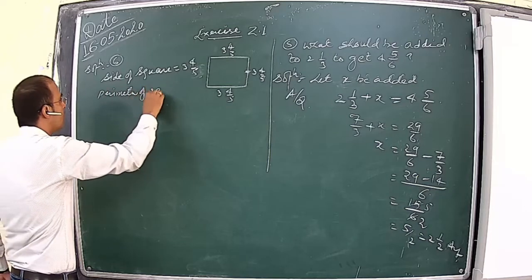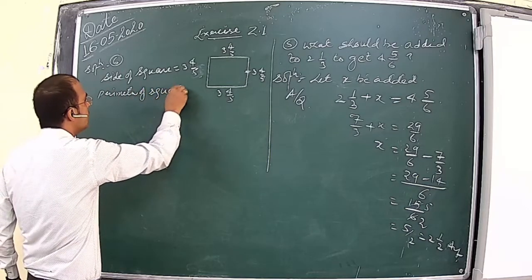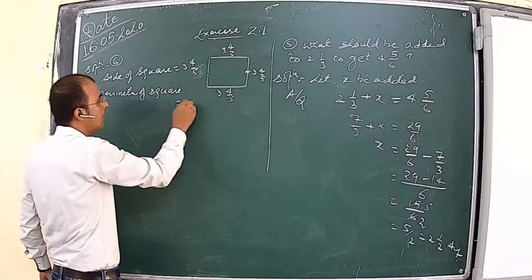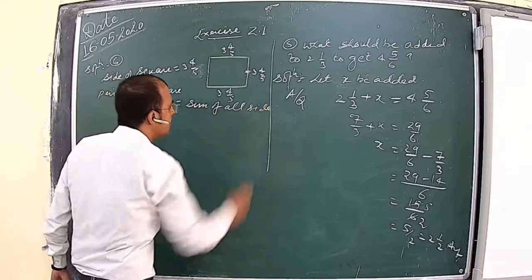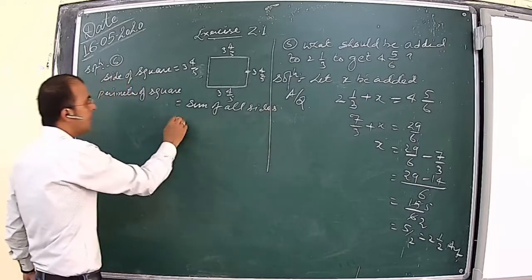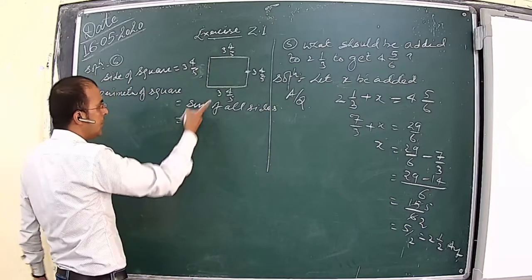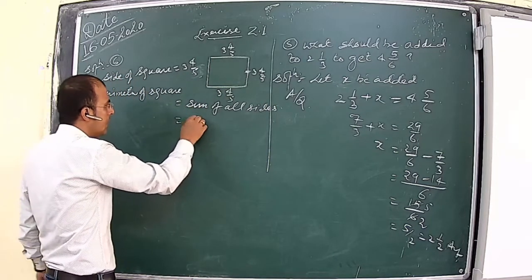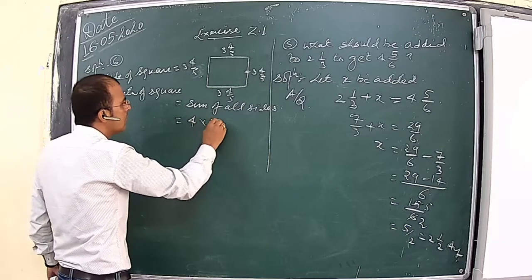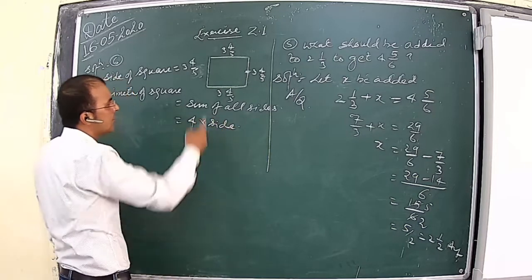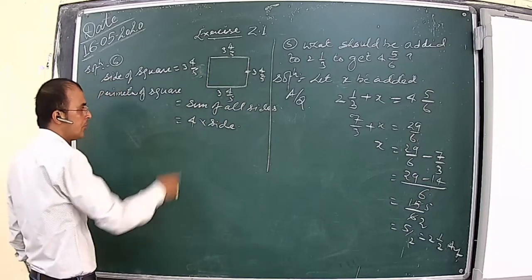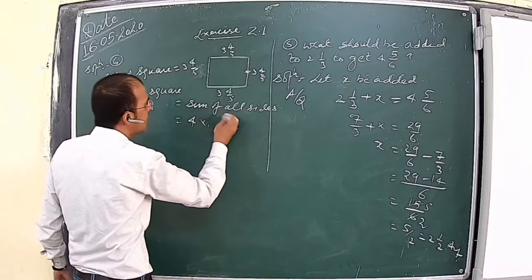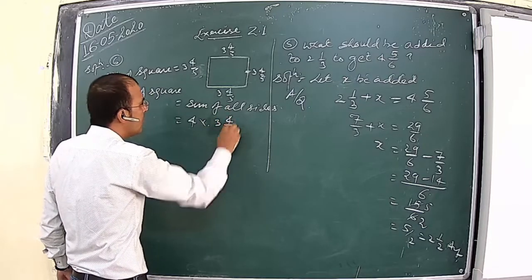The perimeter of the square will equal the sum of all sides. It means you add all, so you can write 4 into side, because the sum of this plus this plus this plus this means 4 times. So you can write 4 into side. What is the side? 3 whole 4 by 5.